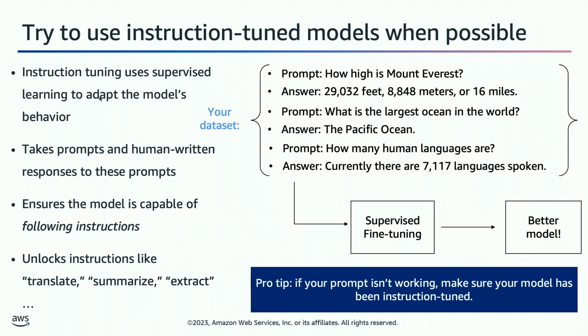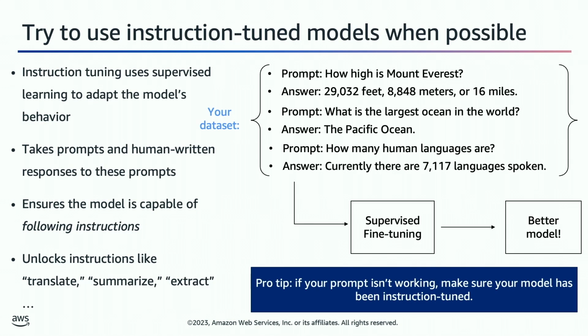And so what is instruction fine-tuning? Again, it uses supervised learning to adapt the model behavior. So you might develop a data set of prompts and then answers. So something like, how high is Mount Everest, the largest ocean in the world, how many human languages there are, and then you'll get, again, answers to the prompts or responses, and then you just put this into a supervised fine-tuning procedure.